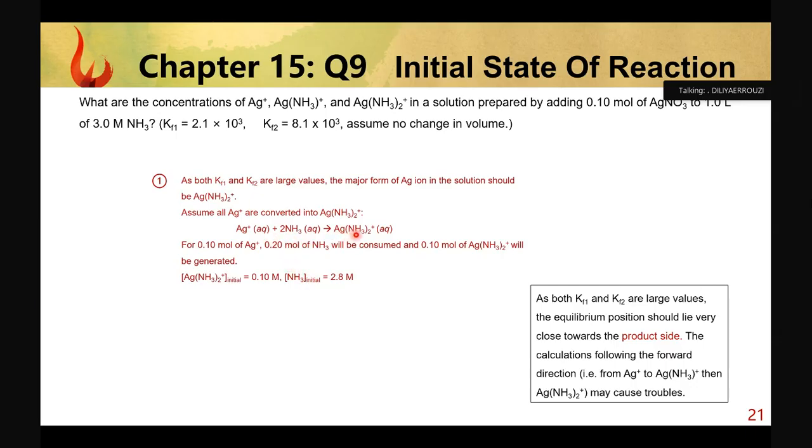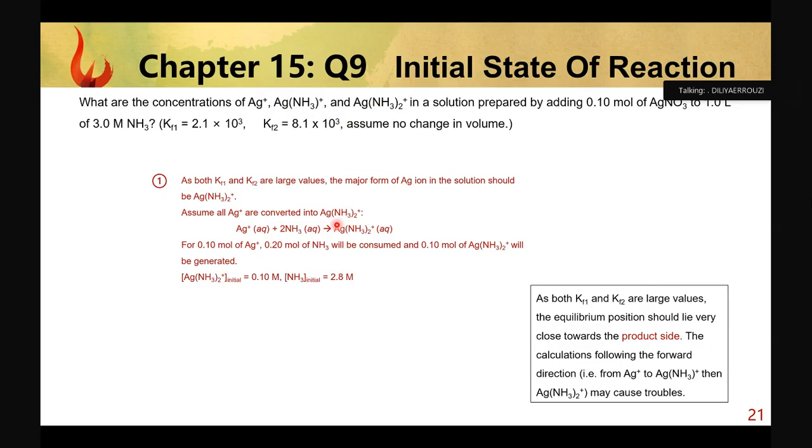We cannot use the equation for silver ion with 1 ammonia directly. This is not correct. It will cause a lot of problems, because when you calculate the concentration of silver ion, it will still go through the reaction to the end and become this ion.